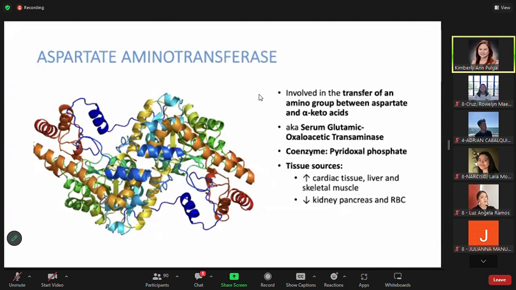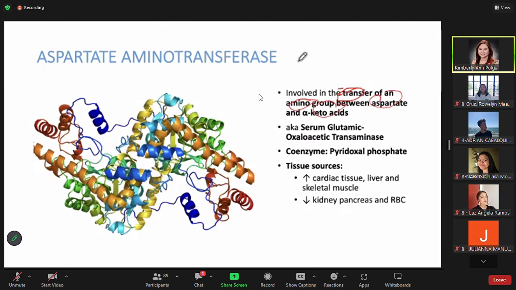What is our EC number? Transferase, so this is 2, right? 2.6.1.1. Very good, many answered quickly. So this is a transferase, involved in the transfer of an amino group between aspartate and alpha keto acids.